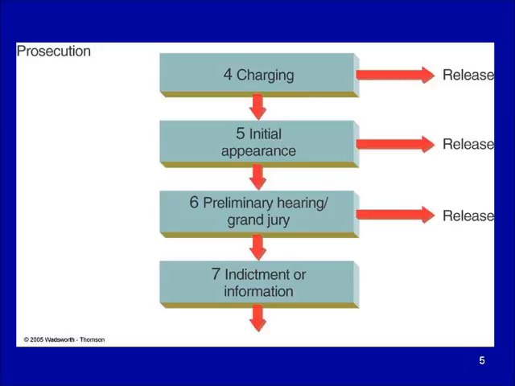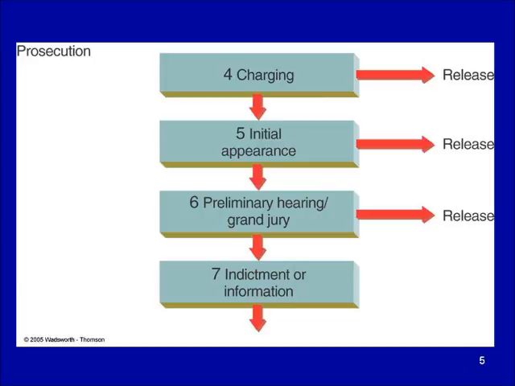Next is the preliminary hearing. At the preliminary hearing, the judge reviews the evidence against you, and this is a check and balance. The judge determines whether or not there really was enough probable cause for the prosecutor to charge you with that offense. Usually this initial appearance and the preliminary hearing in most jurisdictions where I worked happened at the same time.